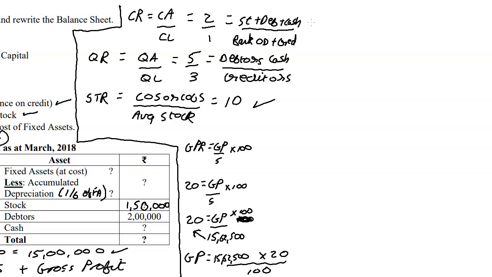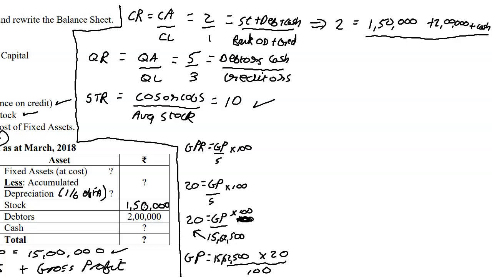Remember, 2 is to 1, 2 by 1, I'm just going to write 2. 2 is equal to stock, 1,50,000. Debtors, 2 lakhs. Cash is unknown, so I'm just going to write cash upon our current liabilities.